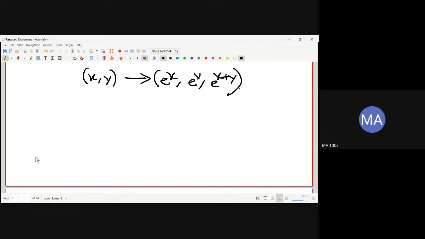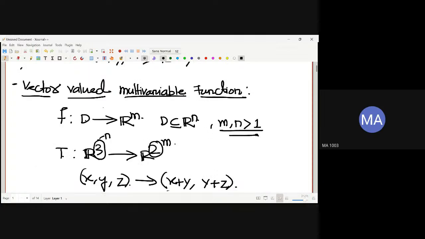As I said, we are not going to deal with this kind of function. So you can add. How are you going to add these functions? Again, it's component wise, right?